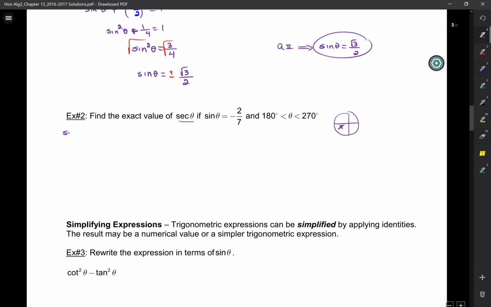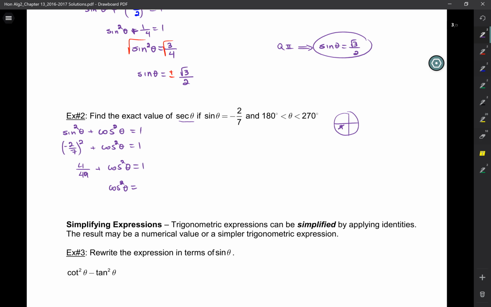Let's do this. Sine squared theta plus cosine squared theta is equal to 1. Now, negative 2 over 7 squared plus cosine squared theta is equal to 1. 4 over 49 plus cosine squared theta is equal to 1. Now I have to do 1 minus 4 over 49.